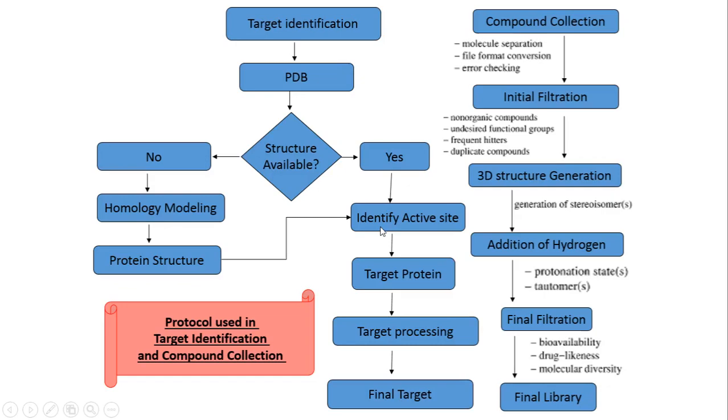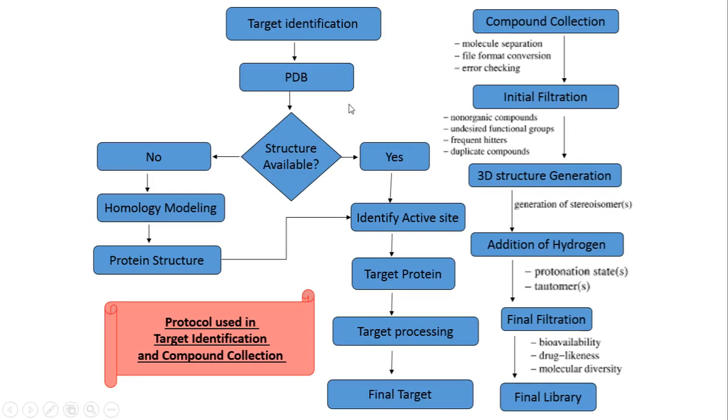So where exactly your compound would go and attach, we would term it the active site. Okay, active site has some technical definition, but for the time being, we would consider active site and binding site in an analogous manner. Okay, so once you have identified an active site in your drug target, we would now call it a target protein. Next, you need to process that target protein, and you would finally get your target protein ready that can be used for further procedure.